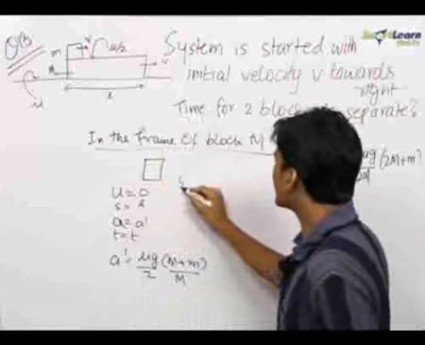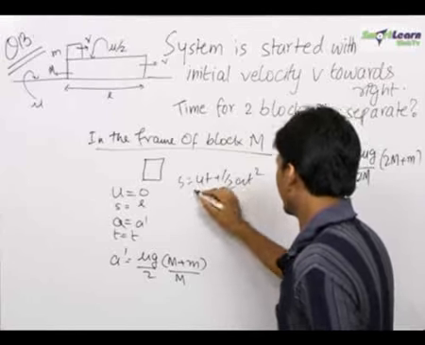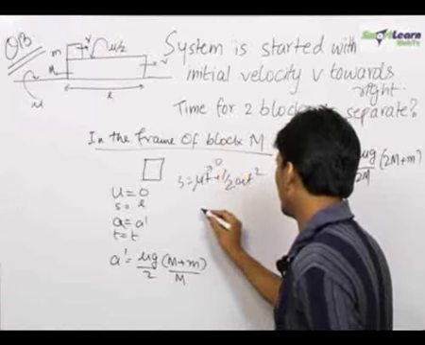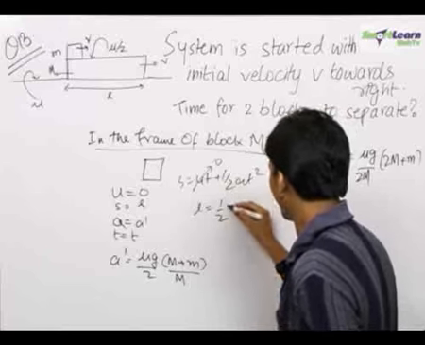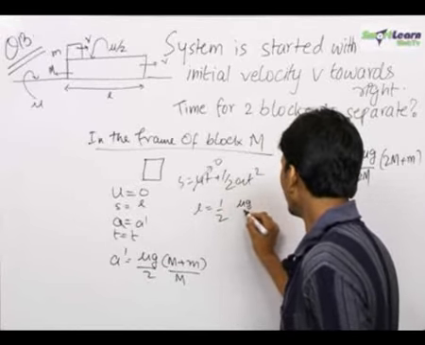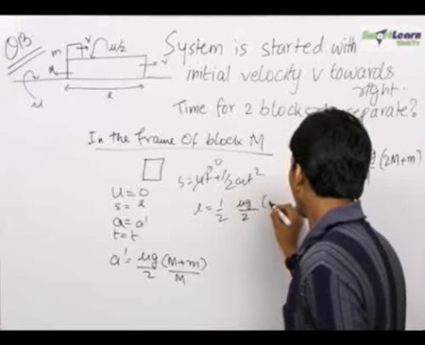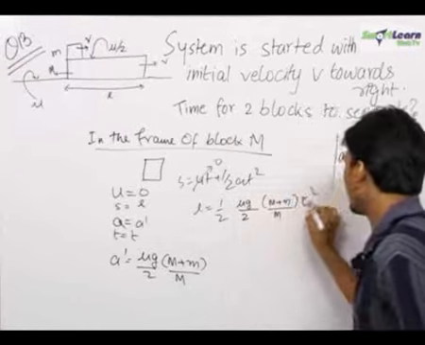We write the equation S is equal to ut plus half a t square. The ut term becomes 0 because the initial velocity was 0. L is equal to half a dash t square, so we write it as mu g upon 2 into (M plus m) upon M into t square.